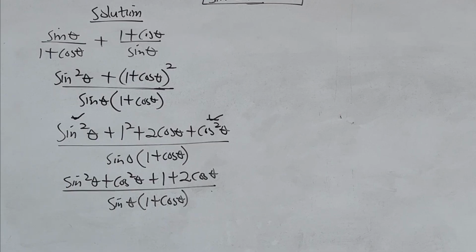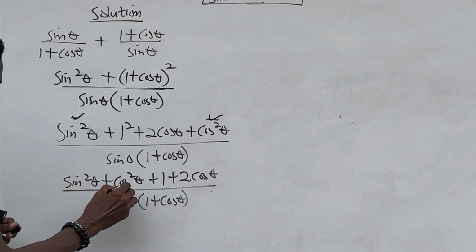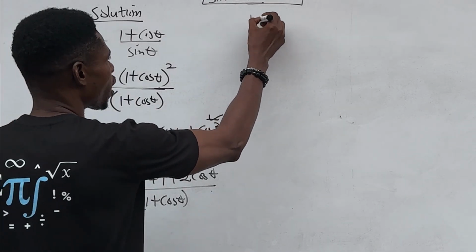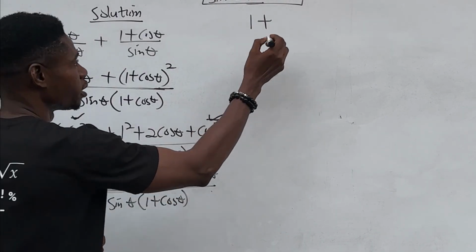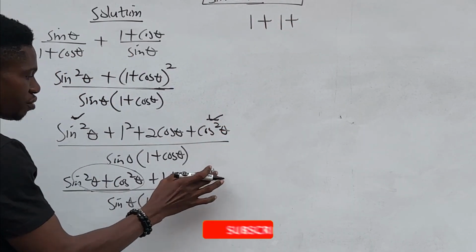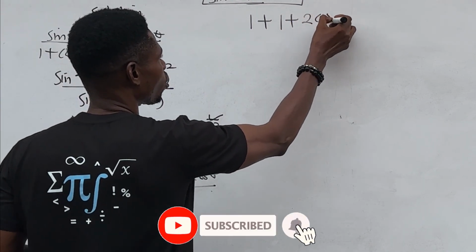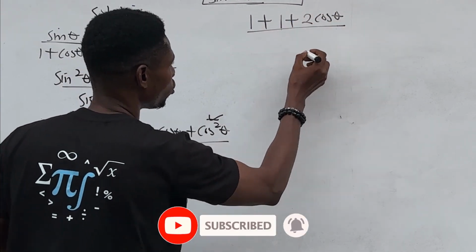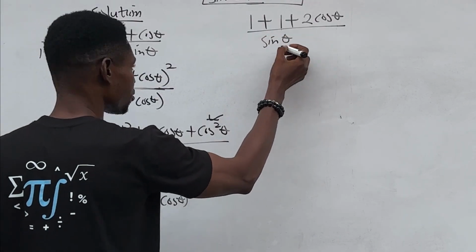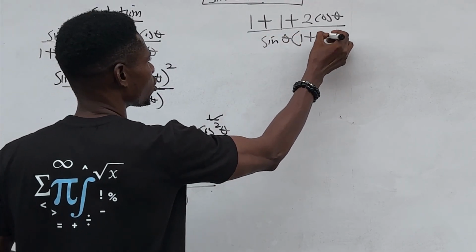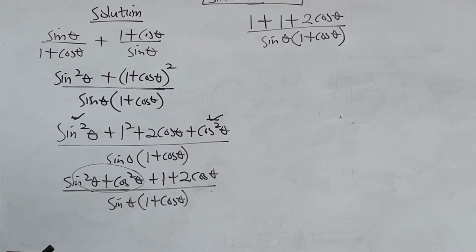So let's move up. This now will give us 1, this square will give us 1. So we'll have 1 plus this other 1, plus 2 cos theta, all over sine theta into 1 plus cos theta.